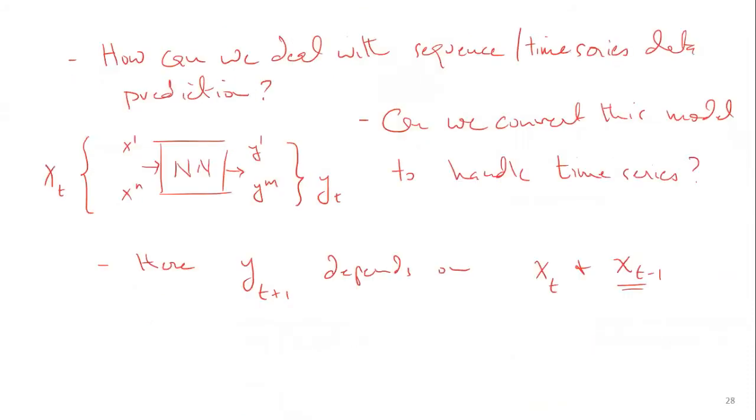So the question is, how do we actually address this issue? How are we going to change the neural network so that we can address the issue of time? You've got some ideas.